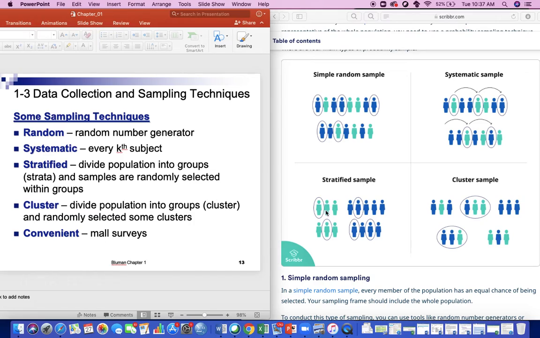You can see there are two different groups: the first is the green group and the second is the blue group. For the stratified sample, we take randomly from each group. From the green group, we take this one and this one. From the blue group, we take this person and this person.